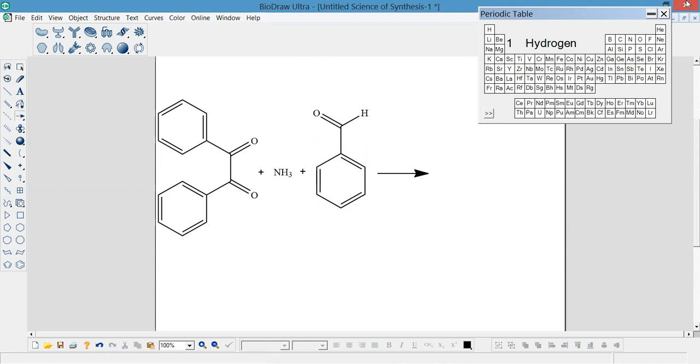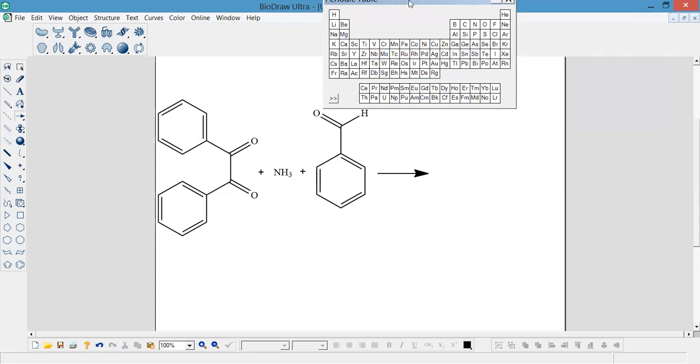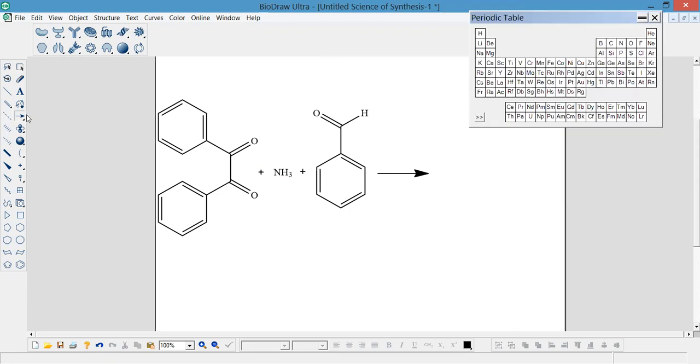We know that the imidazole derivative is synthesized from a dicarbonyl compound like benzil, this is a benzene, benzene, then ammonia and benzaldehyde. Now it forms imidazole derivatives. I will show you the mechanism.